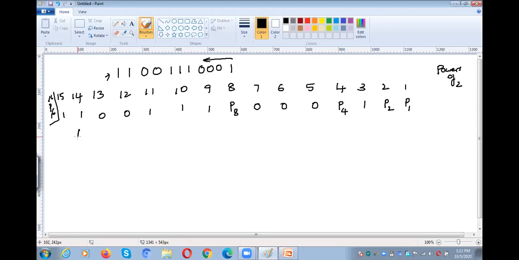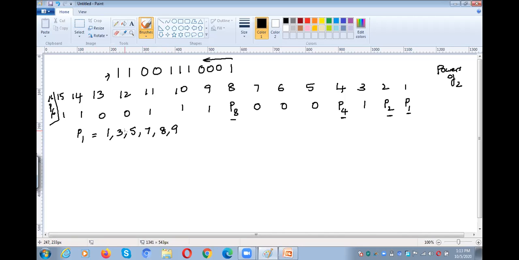After that, what you need to do? You need to calculate the values for P1, P2, P4, and P8. So how can we calculate? For P1, you need to consider position 1 and leave one position. 3, consider one position, leave one position. Like that, consider 1, leave 2.